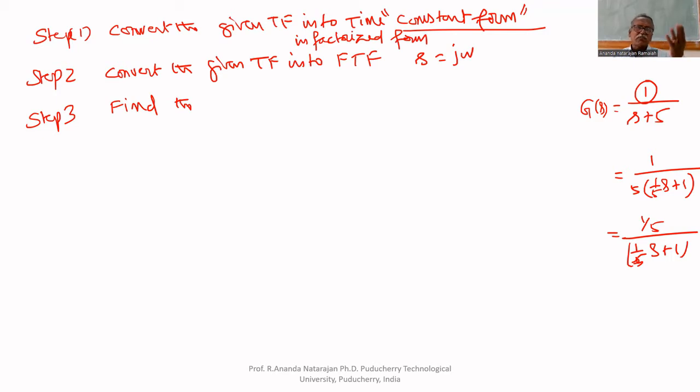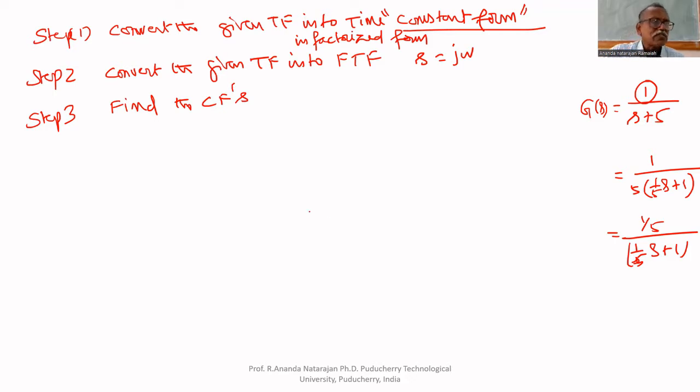They won't give 10 s power 5, s power 6, because you cannot factorize it. That's why they will give the factorized form automatically. If it is not factorized, you have to factorize, but it's very difficult to find the roots. That's why they won't give it like that. If it is given, you have to find them. But in factorized form, the third step is to find the corner frequencies.